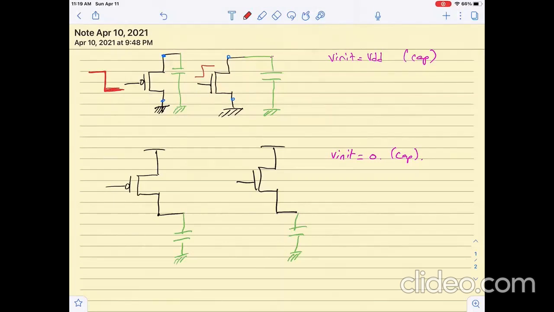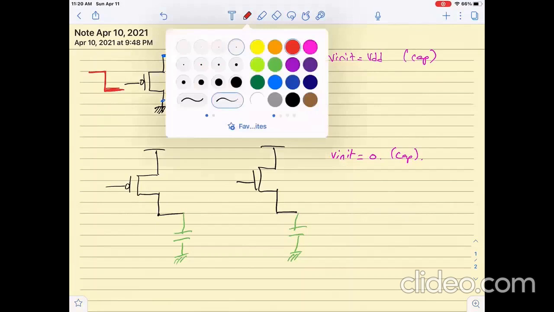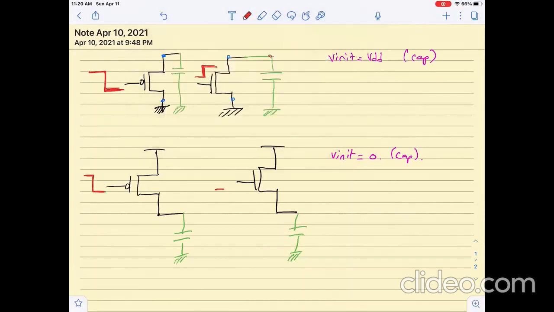This will turn on the device and it will pull down the capacitor charge, so it will pull down the output. The same for this scenario: what will turn on the PMOS is a signal that goes low, so the PMOS will be on, and what will turn on the NMOS is a signal that goes high, so that the NMOS will be on.